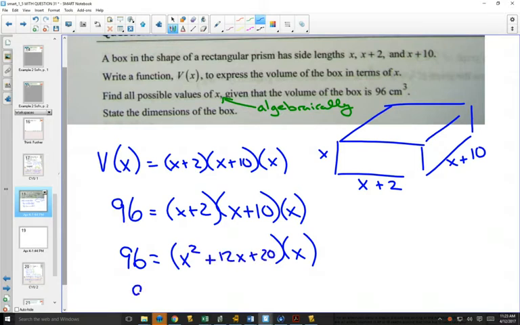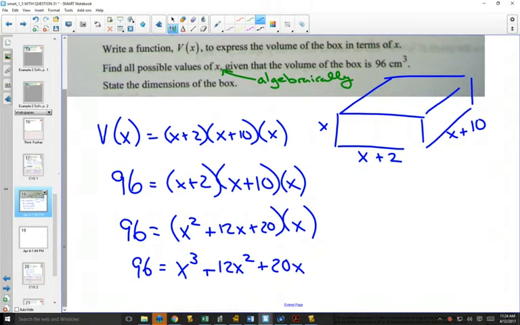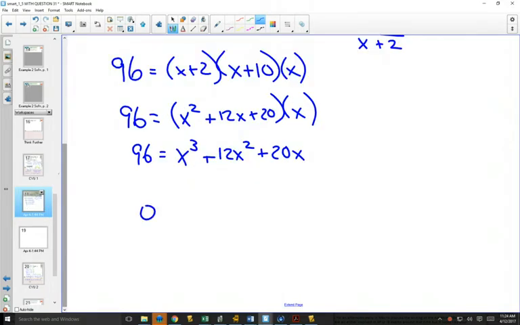And then if I multiply that x through, I'm going to get x cubed plus 12x squared plus 20x. Now I can bring over the 96 and say, let's try to factor this.